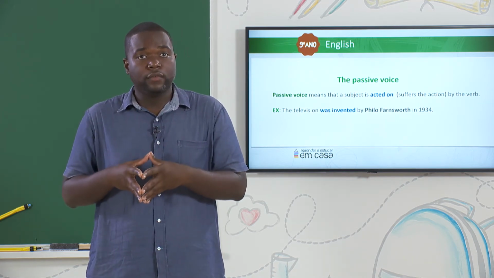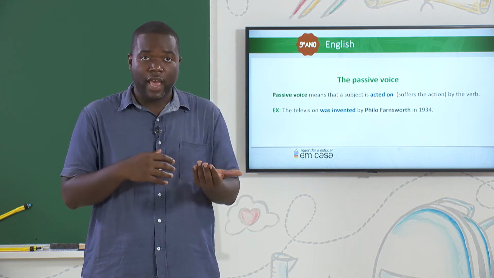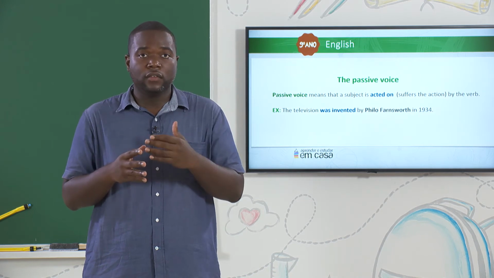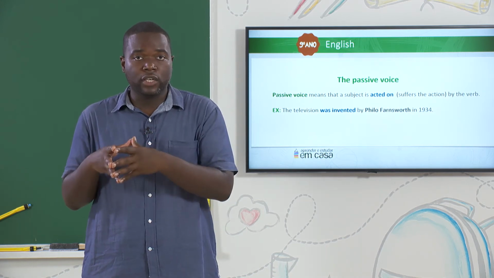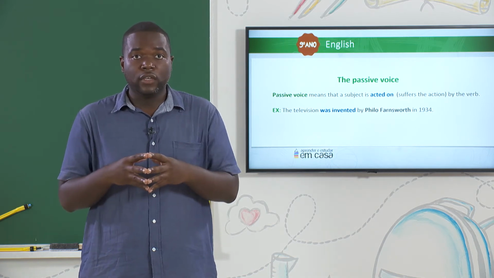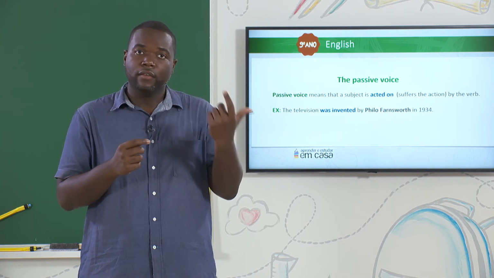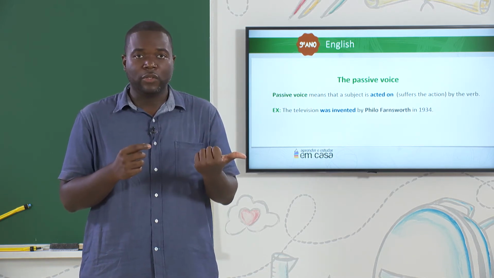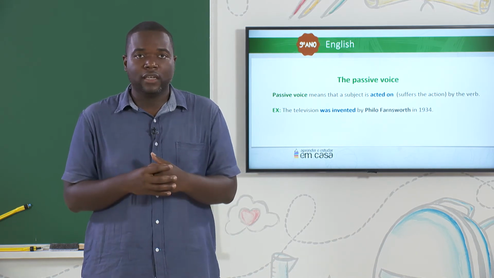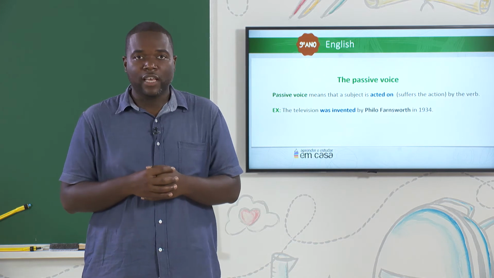But in the passive voice, now, the subject is the one that suffers the action by the verb. In this case, in the first sentence, the subject was Philo Farnsworth, and he invented the television. Now, in the passive voice, you have that the television was invented by Philo Farnsworth, okay? But if you didn't understand, we still have some more practical examples, and I'm sure you will understand it by the end of the lesson, okay?